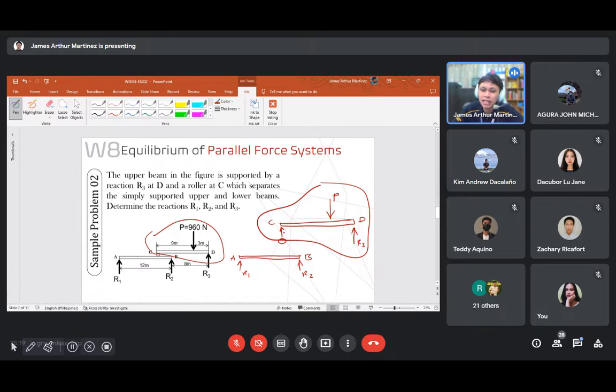Tapos, masolve na ninyo ang RC, no? Reaction here at roller at C. By the way, this is called internal roller, or internal support. Okay? And then, if masolve na ninyo ang RC and R3, bali na kayo sa beam AB, no, beam AB rather, and ang iyahang load.